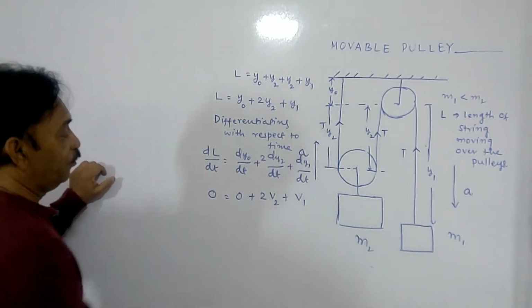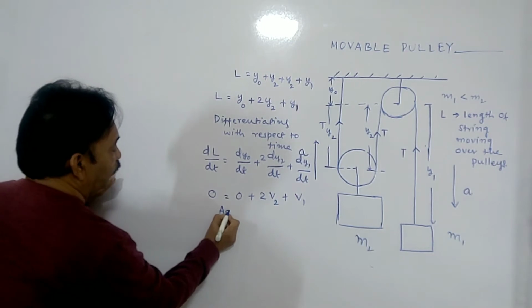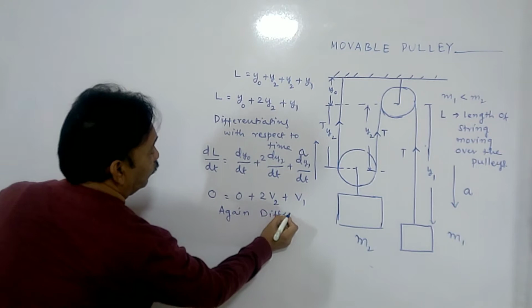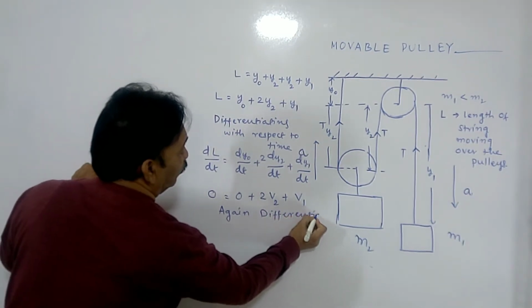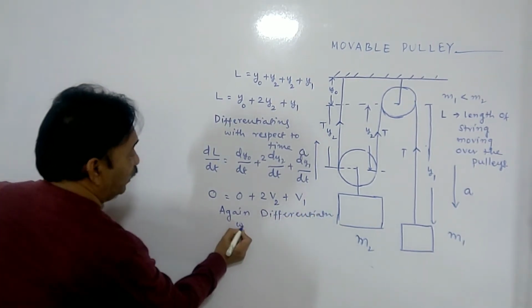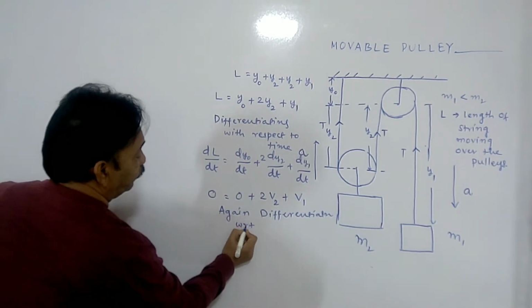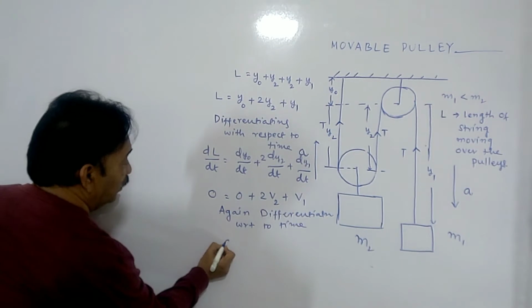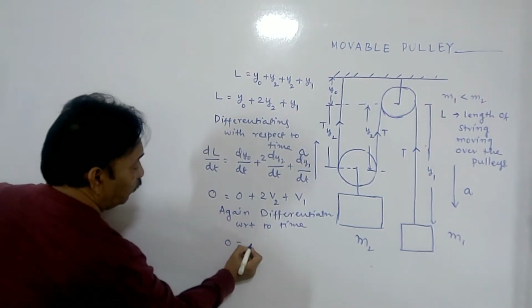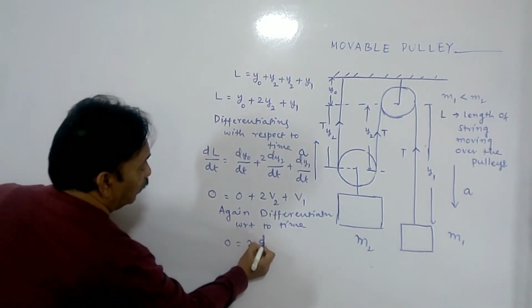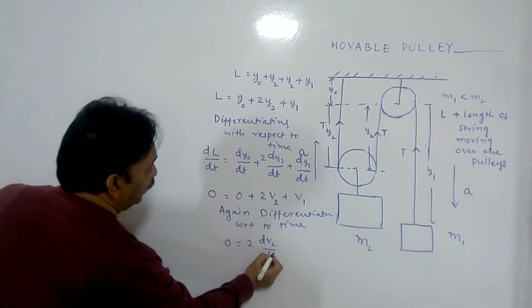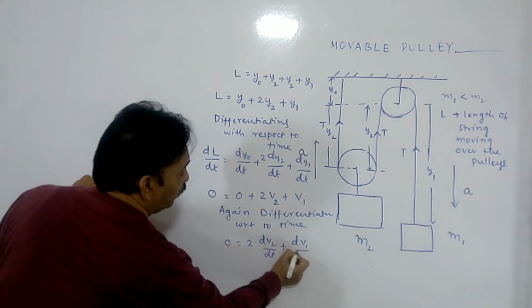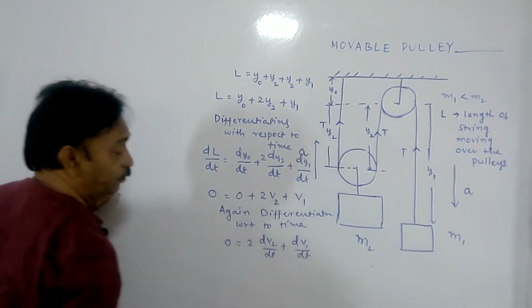Again differentiating with respect to time, we get 0 is equal to 2 dv2 by dt plus dv1 by dt.